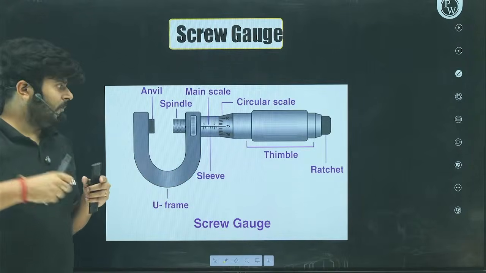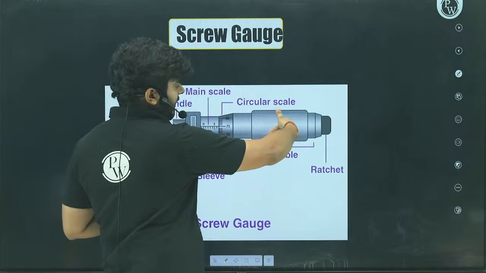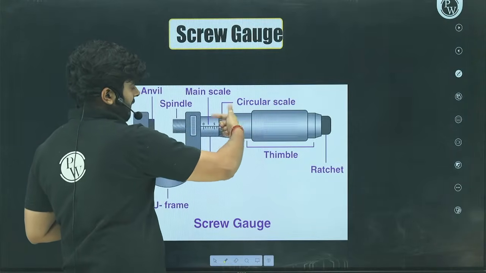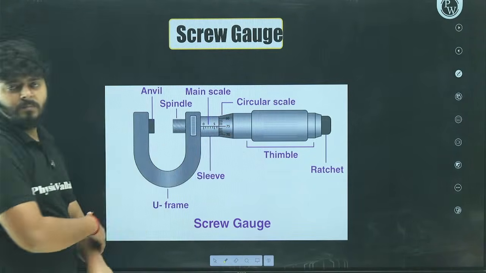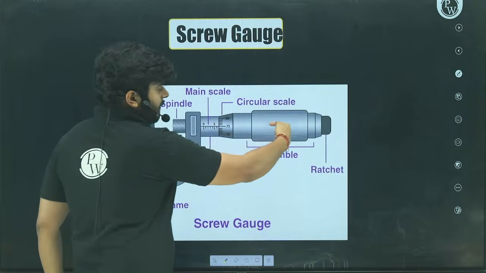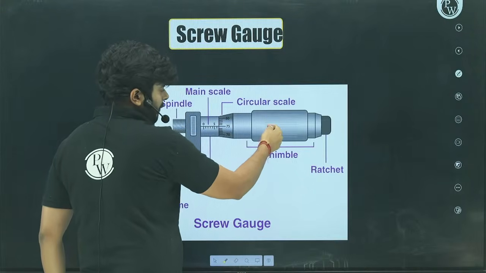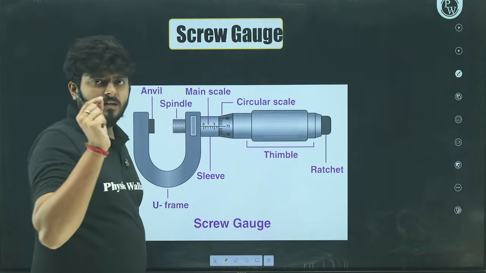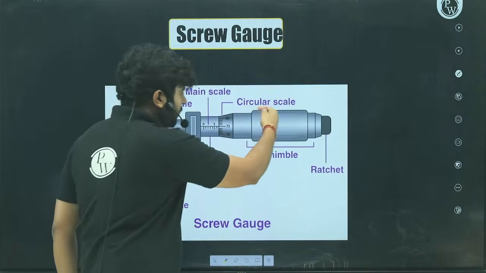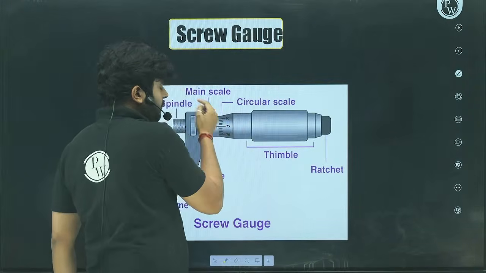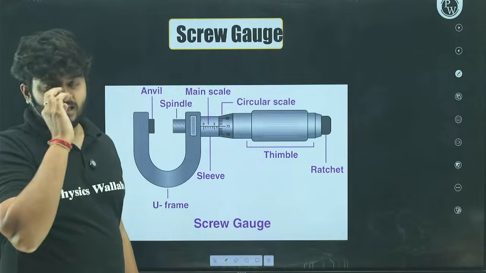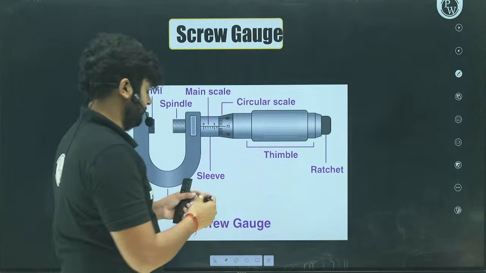What happens when you rotate it? It moves forward in this direction. When you turn it 360, in one full rotation, it will proceed further for a small distance, right? In one full rotation, whatever distance it proceeds further is called the pitch, right?